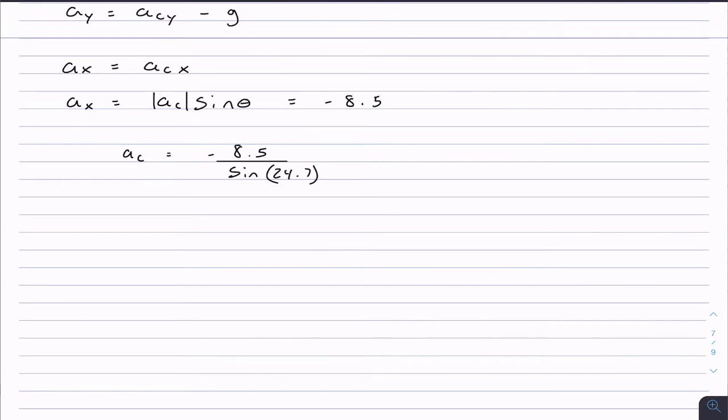Plugging that into the calculator, we get a value of negative 20.3446, so approximately negative 20.35.